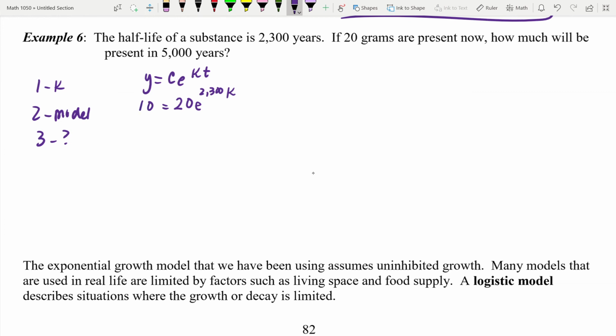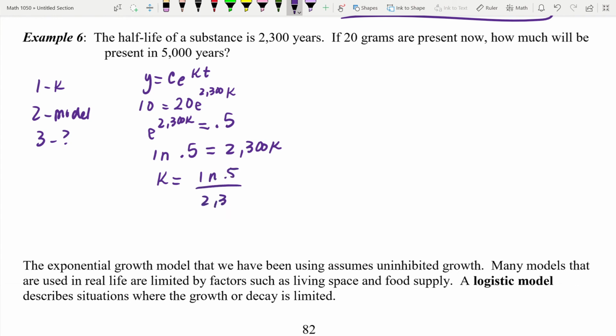I'm down to 10. Divide by 20. So e to the 2,300K is equal to 10 divided by 20, which is 0.5. I'm stuck, so I convert it. So it's ln 0.5 equals 2,300K, divide, K equals ln 0.5 divided by 2,300.